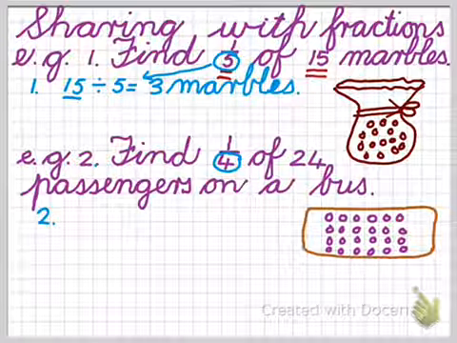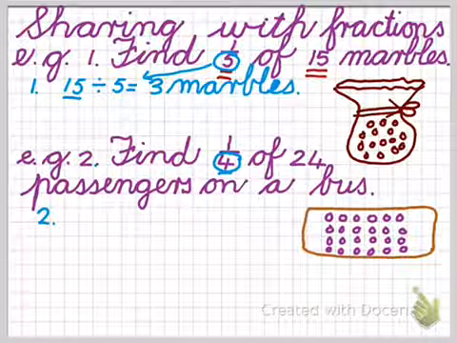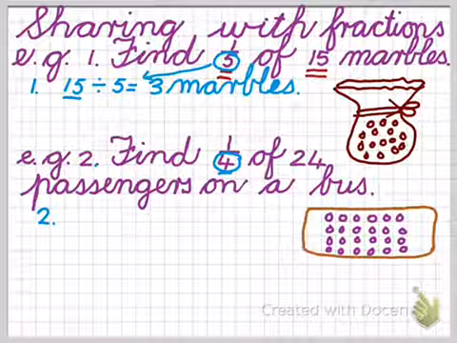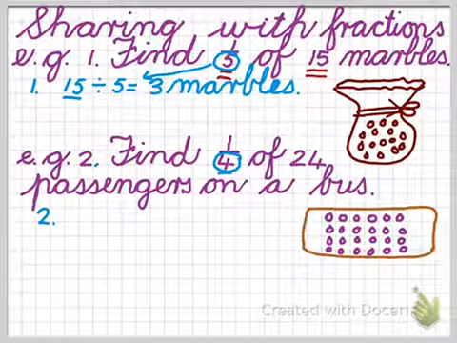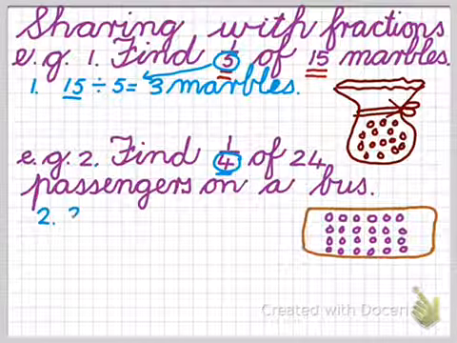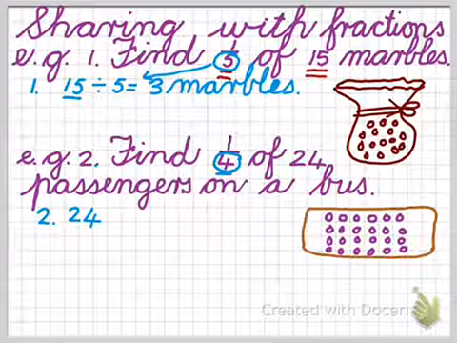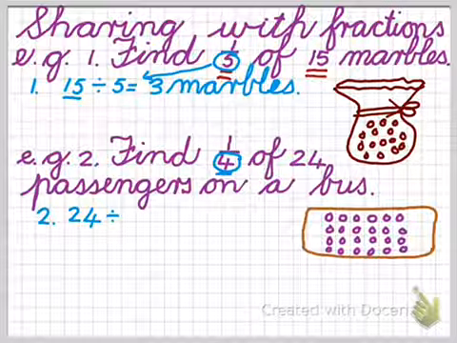How many pieces are we going to make? Can you see we're going to make 4 pieces because we look at our denominator. So that makes it very easy. We're going to then divide by, that's right, by 4. So we're going to say 24 passengers divided by 4.